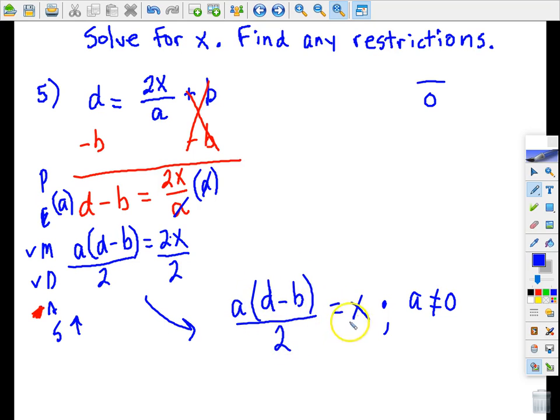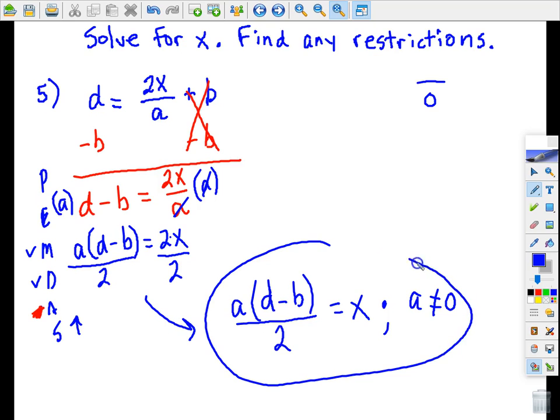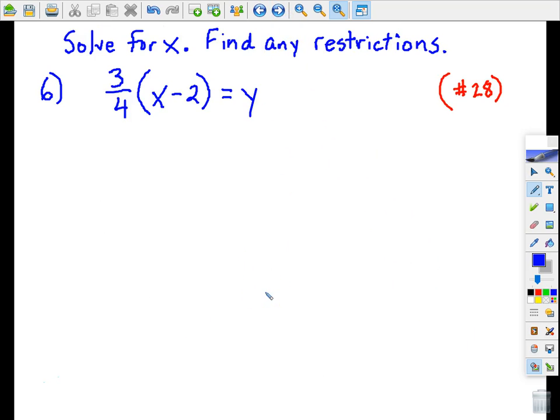So there are no restrictions on our answer. So this ends up being the final answer. We have solved for x. We did find a restriction. It came from the original problem. And to keep from dividing by 0, we have to limit what a can represent. It cannot be 0.